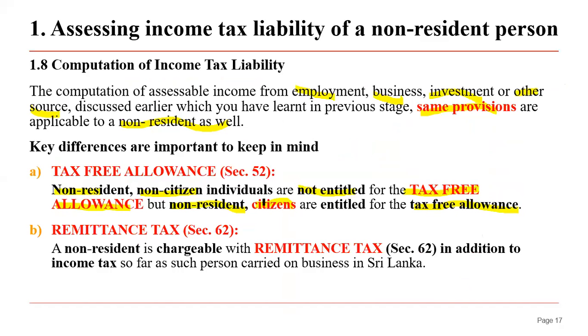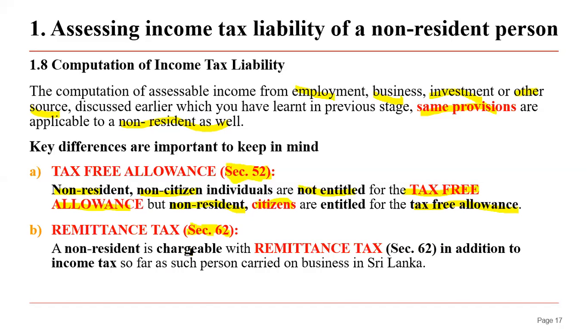Here now you have an understanding of section 52 with the amendment. And then the remittance tax is also important, remittance tax under section 62, and 52 and 62, right? The non-resident is chargeable with remittance tax under section 62, in addition to the income tax, so far as such person carries on a business in Sri Lanka.